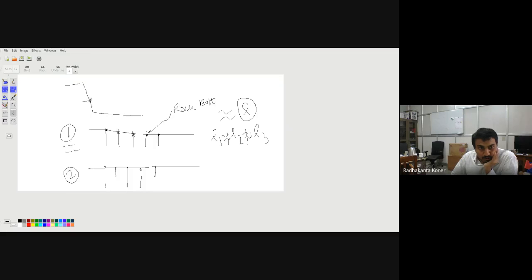This is a single bolt I am showing you. I am saying the length of this bolt L1 should not be equal to L2, should not be equal to L3. Rather, it may be long, it may be small like that.